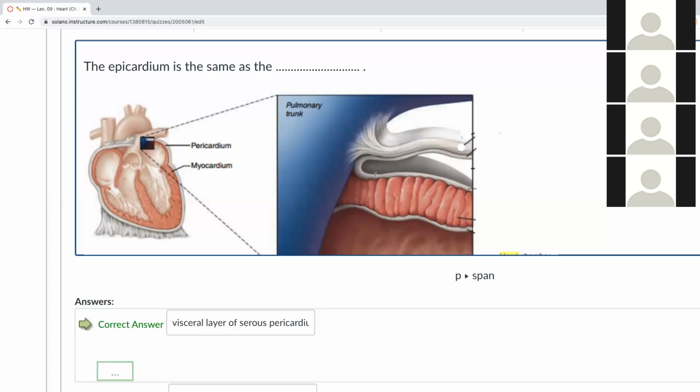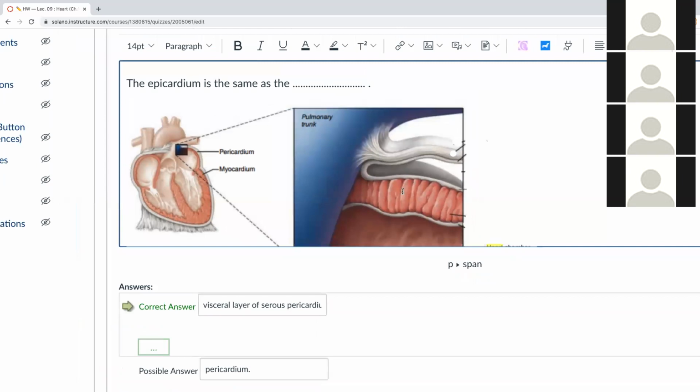And this is also called epicardium. So endocardium, myocardium, epicardium. Epicardium is nothing more than the serous pericardium, which is on the visceral surface.